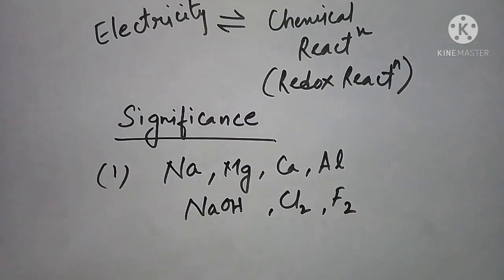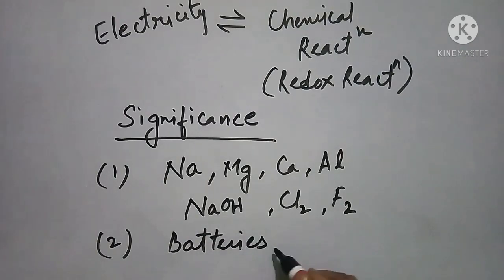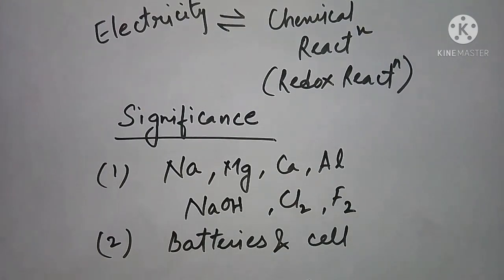Also, the batteries and cells which we use in various instruments and devices convert chemical energy to electrical energy. So we have to learn about electrochemistry because in our day-to-day life there are a lot of things which convert chemical energy to electrical energy or electrical energy to chemical energy.